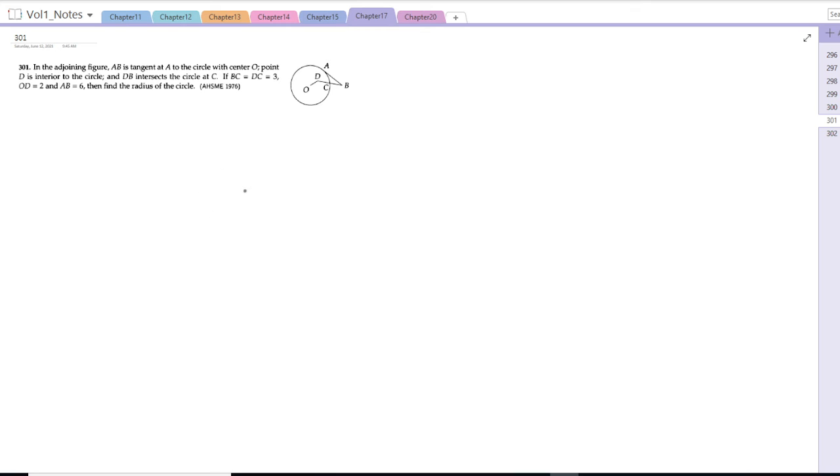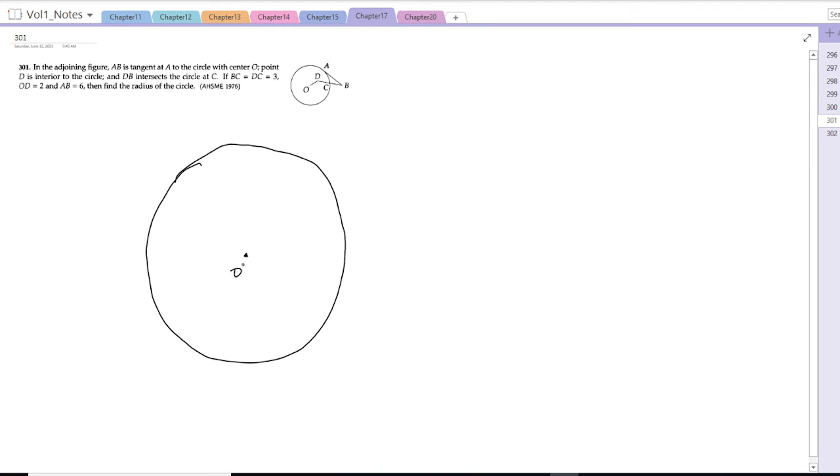Question number 301, okay? So in the adjoining figure, let's see. So we have a circle of the O. Okay, we have AB is tangent to the circle. And we have a point CD here.